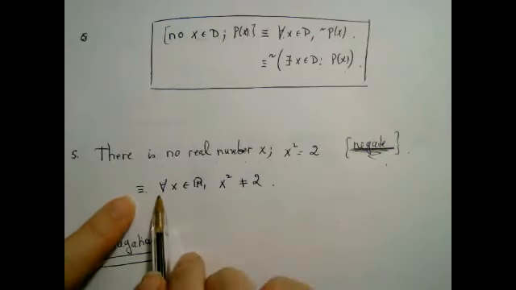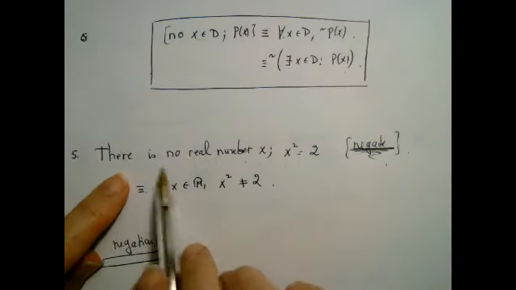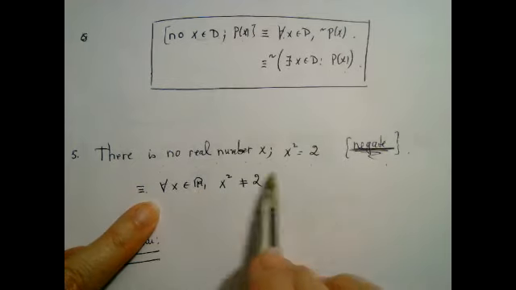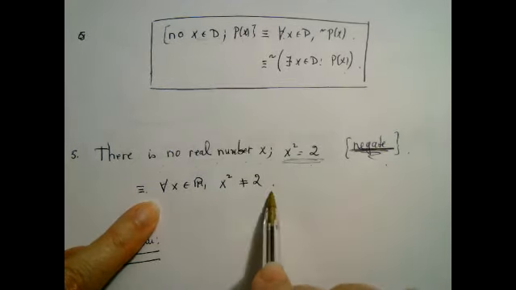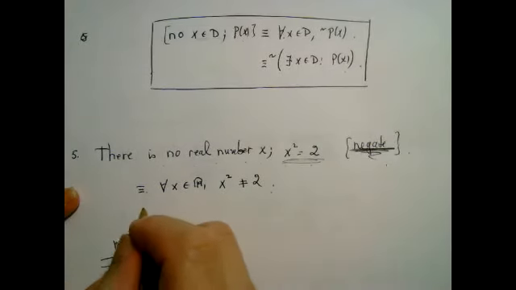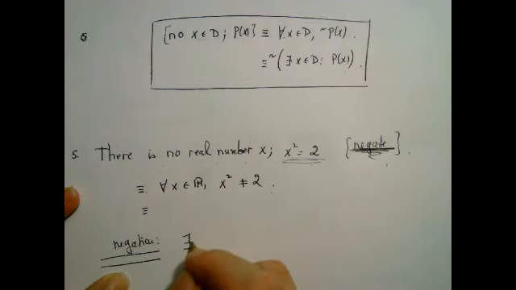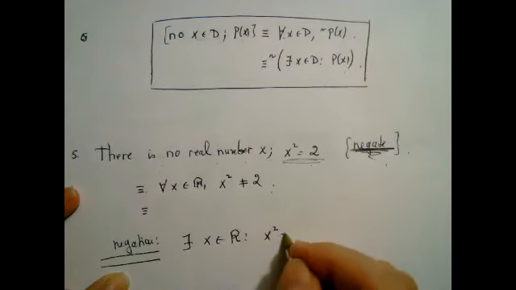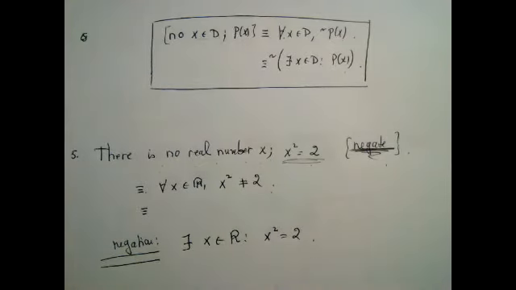That's really what it means. That's not the negation. There exists no number such that x squared equals 2 means every real number does not satisfy it: x squared is different from 2. So its negation is going to be basically there exists a number such that x squared equals 2.